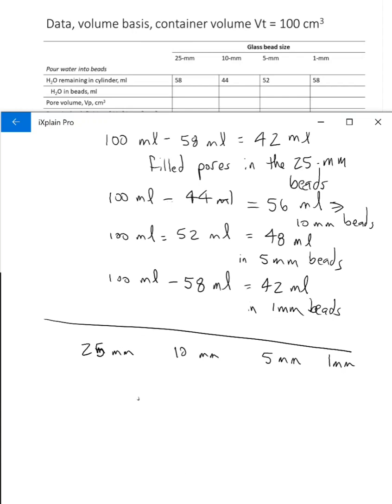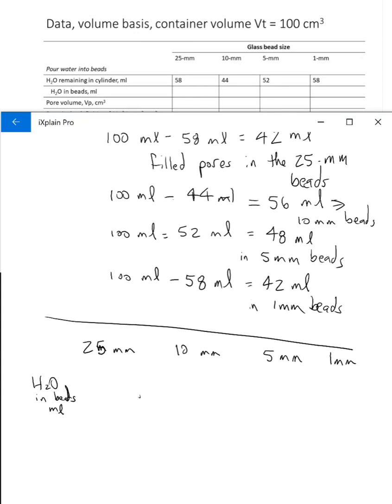We now know the water in the beads in milliliters was 42 in this case, 56, 48, and 42. The next calculation that it asks us to do or to recognize is the pore volume.